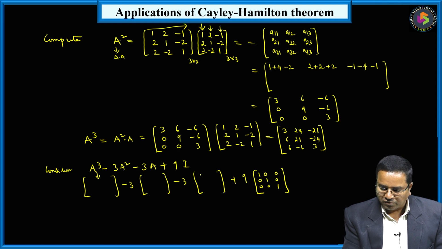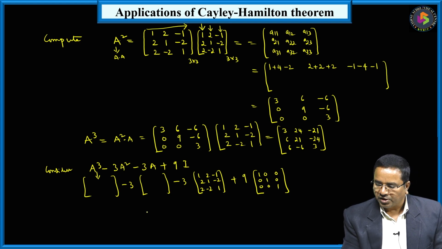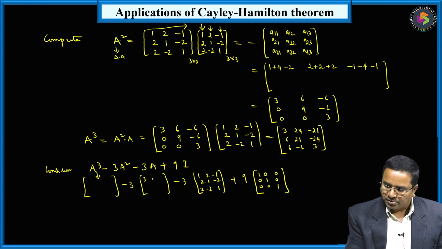So A we have already: 1 2 minus 1, 2 1 minus 2, then 2 minus 2 1. Already we have A square: 3 6 minus 6, 0 9 minus 6, 0 0 3.